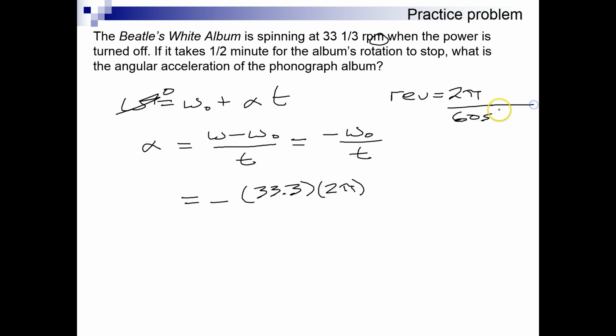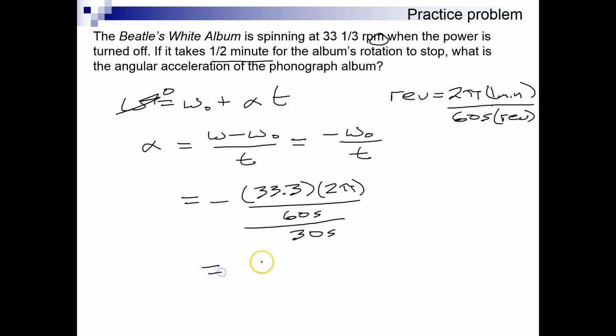And then 1 minute on top is our 60 seconds. And then on the bottom of this, we're going to have our time. We know that we are looking at 1/2 of a minute to stop, so that's actually our time, which is 30 seconds.